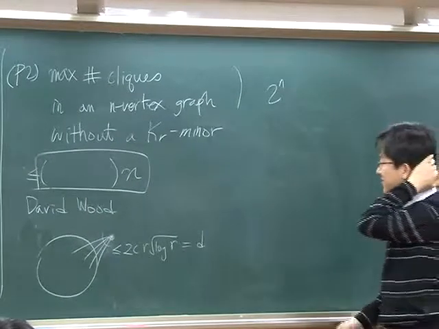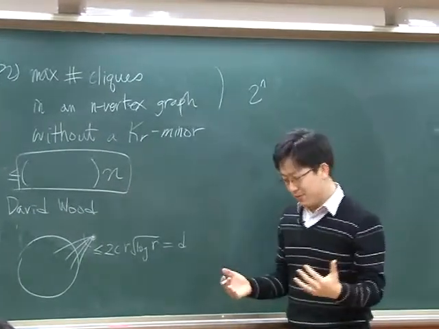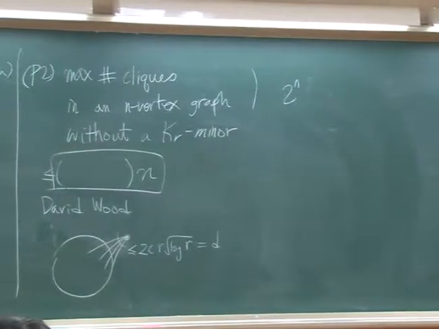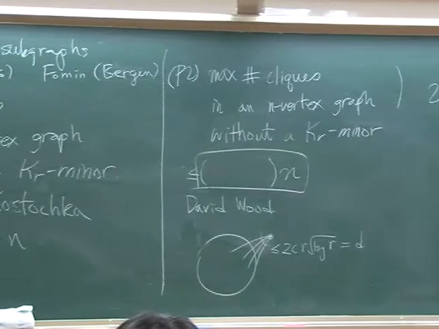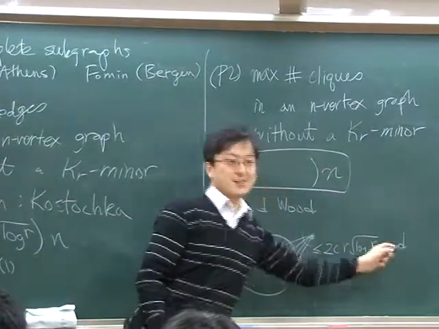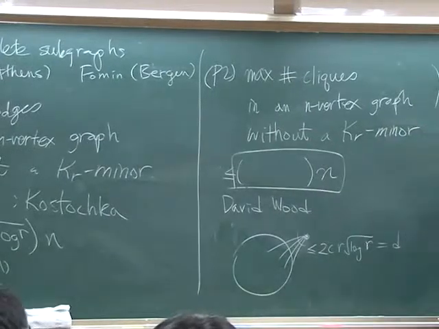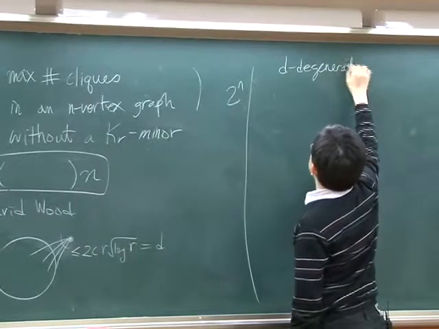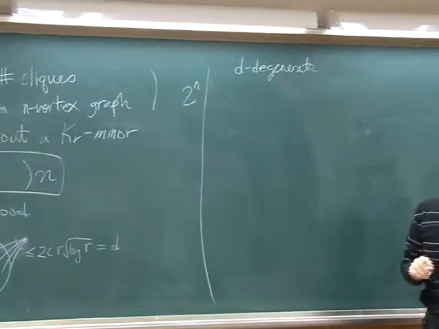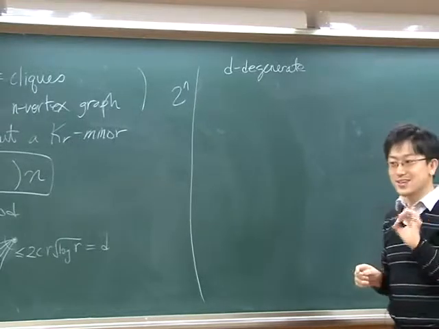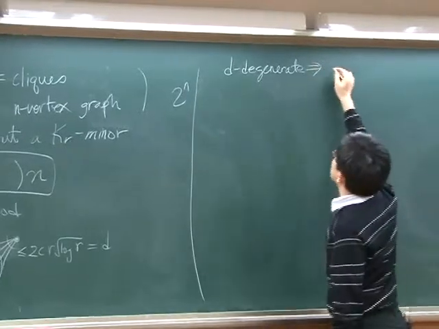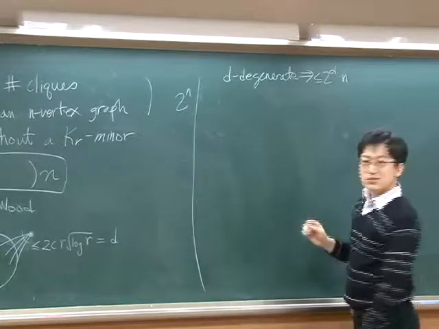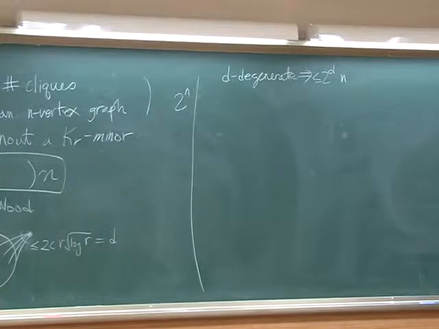And then I'm claiming that if you have a graph where every subgraph has a vertex of small degree, then the number of cliques is at most 2 to this number times n. Such graphs are called d-degenerate. A graph is d-degenerate if every subgraph has a vertex of degree at most d. I'm claiming that if a graph is d-degenerate, then the number of cliques is at most 2 to the d times n.